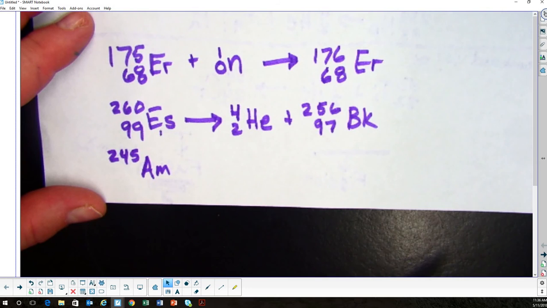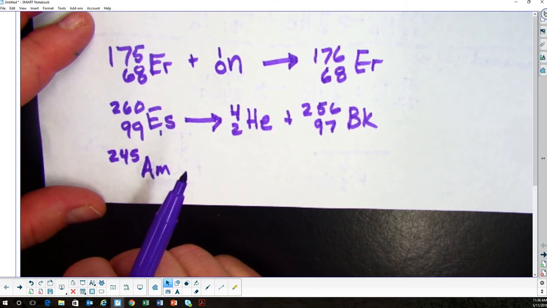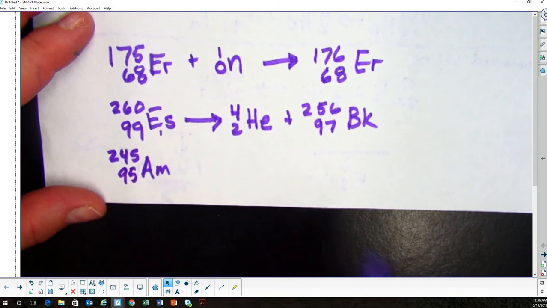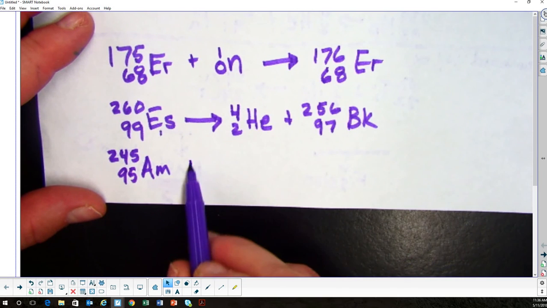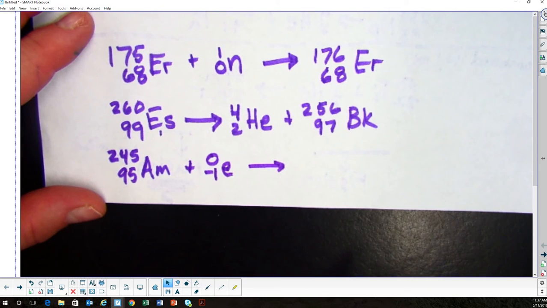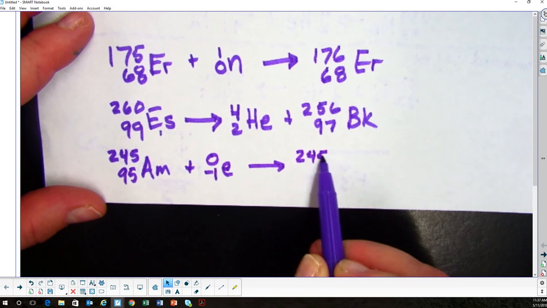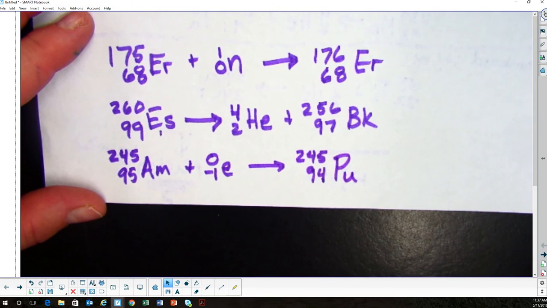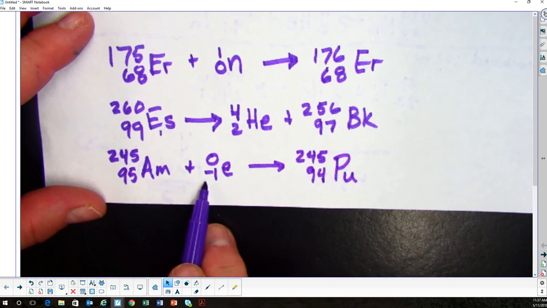It's a beta particle. Yep. So say again what we're doing. Electron capture, so add a beta, adding a negative.